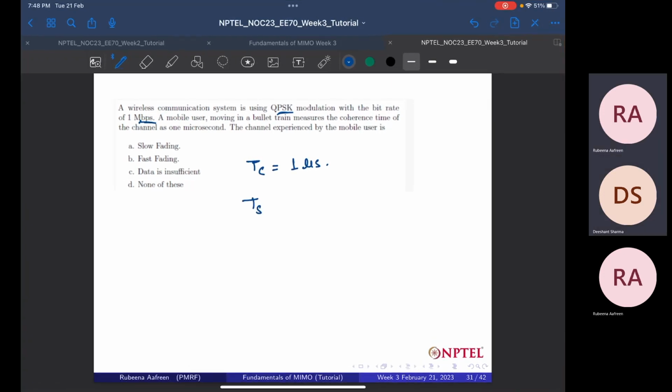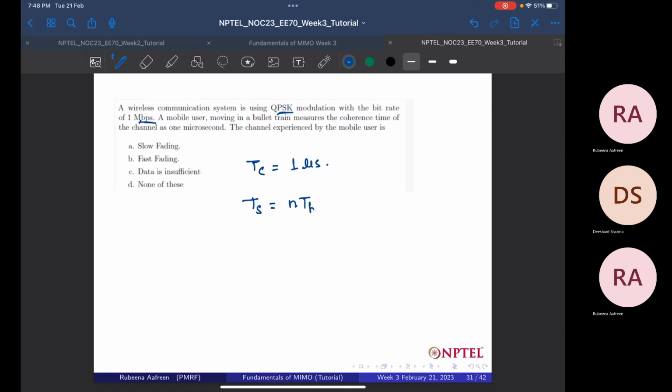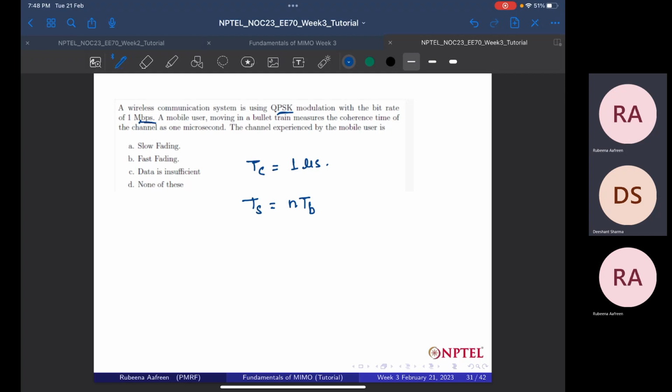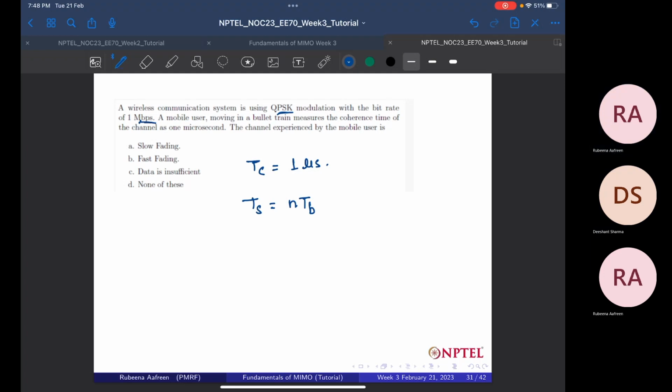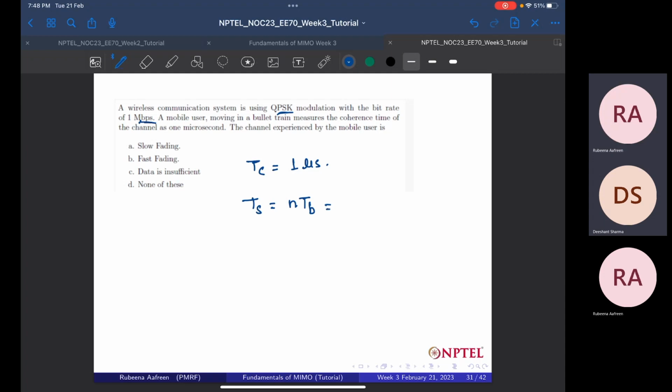So we know that symbol duration is in TB, right? Yes, ma'am. So for QPSK, how many bits are there? Sorry, 2 bits, ma'am, at a time. Correct.